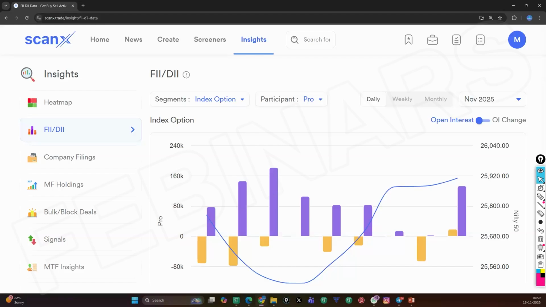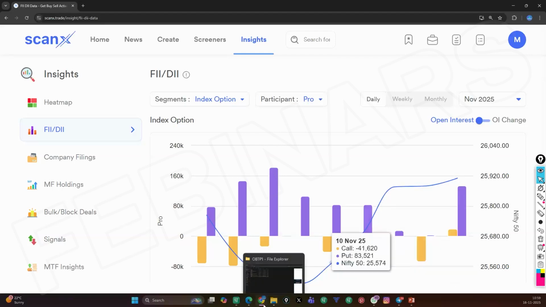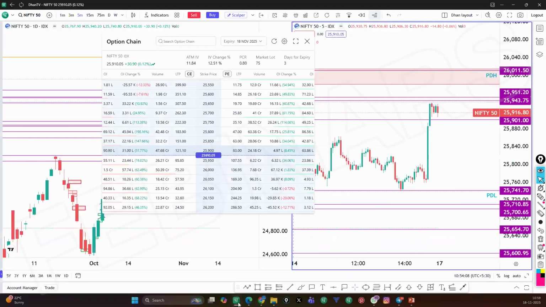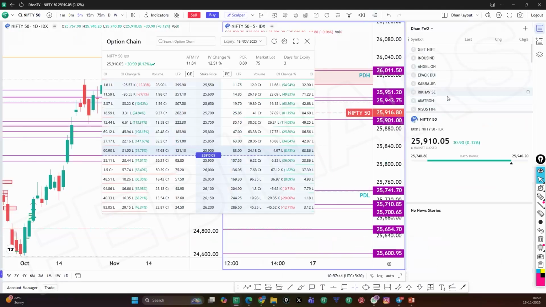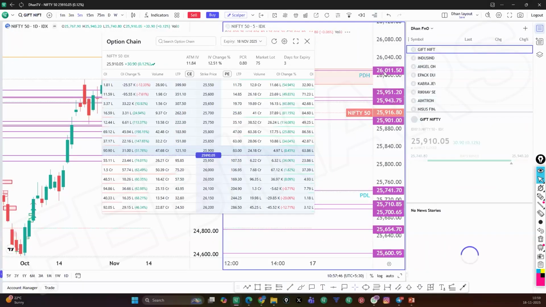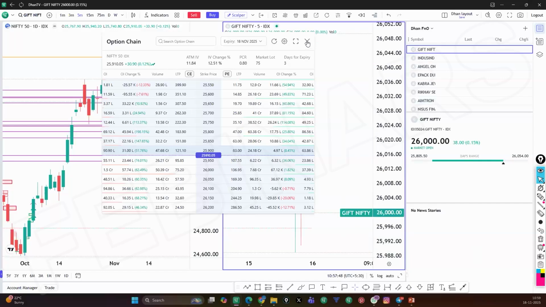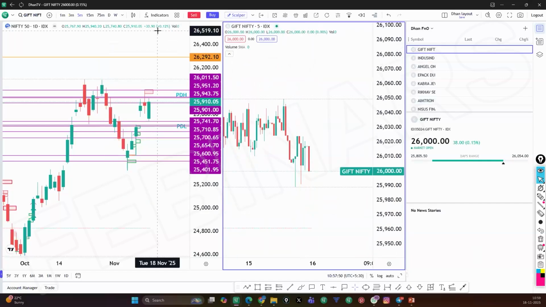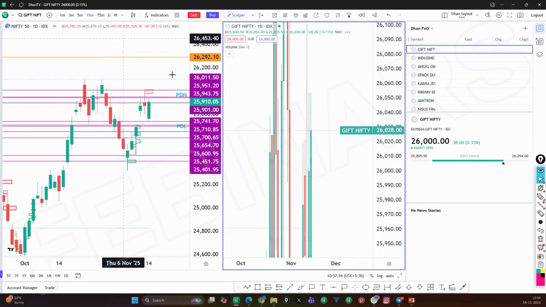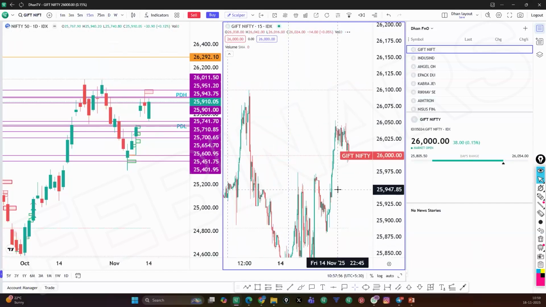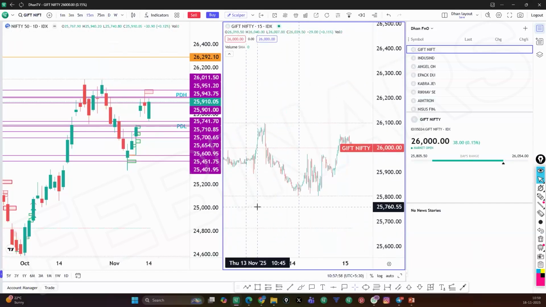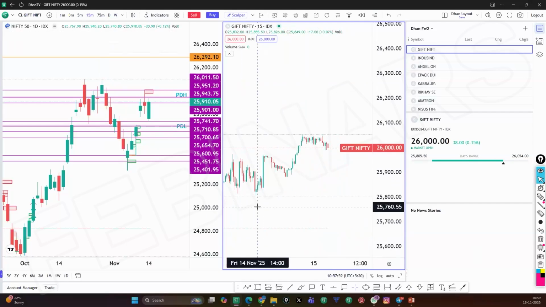Can we predict tomorrow's gap up or gap down? Ramo is asking. Raju sir will take care of it, and just let us check Gift Nifty. What is Gift Nifty indicating? Gift Nifty is flat, slightly.